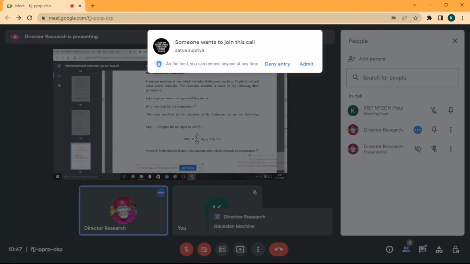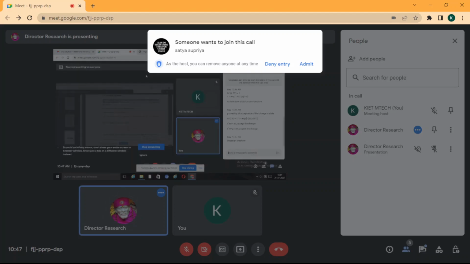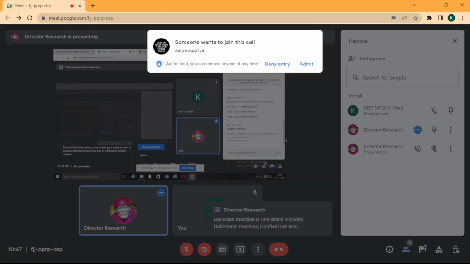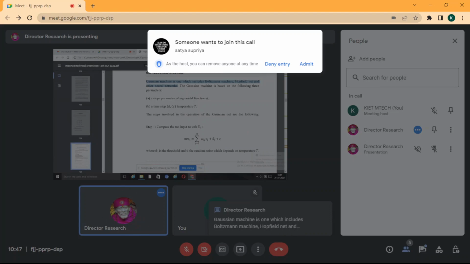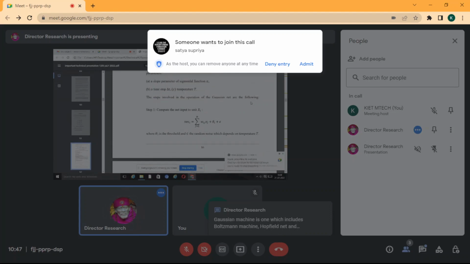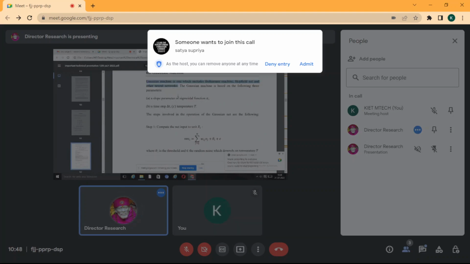Gaussian machine is one which includes Boltzmann machine, Hopfield net, and other neural networks. The Gaussian machine is based on three parameters. What are those parameters?